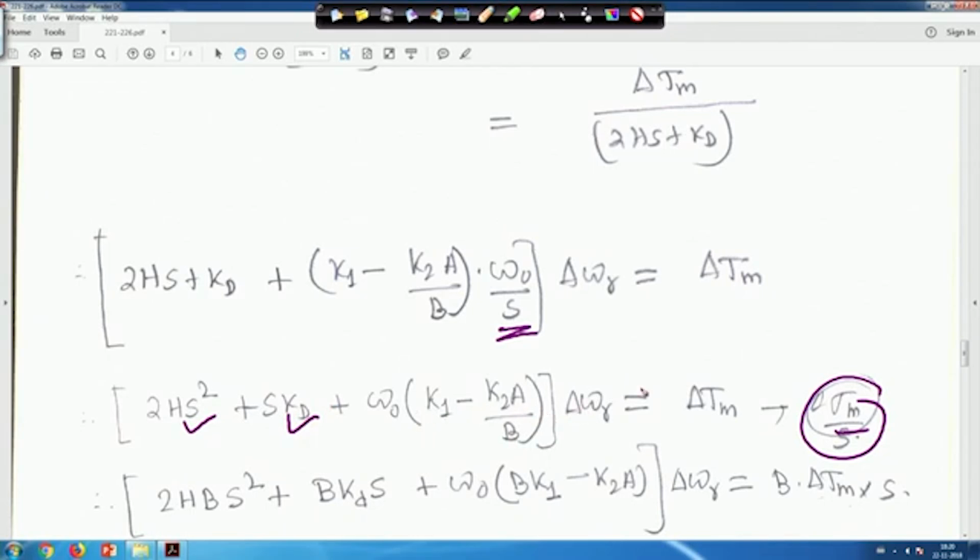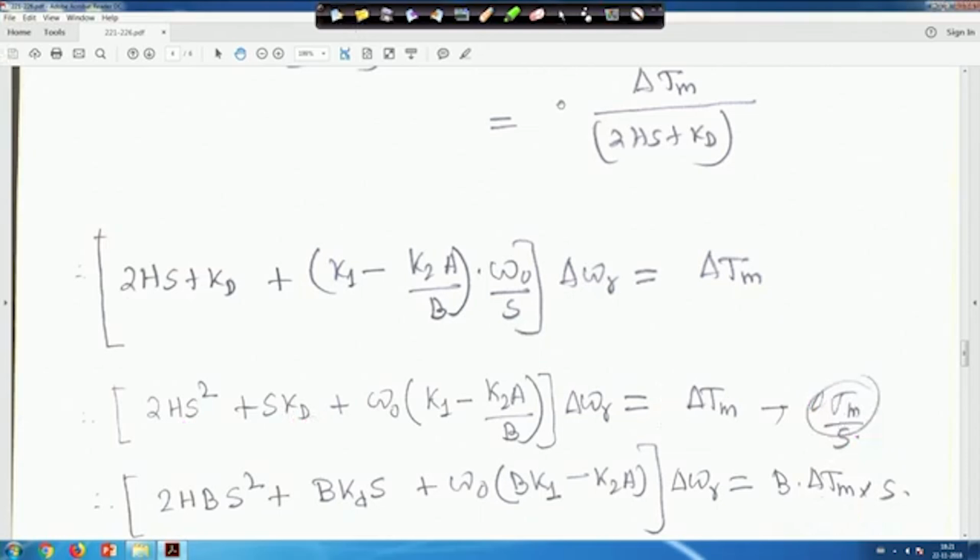So, both sides if you mark this, then this will be s into delta Tm, this we will see later. Now, both sides you multiply by b. If you do so, it will be (2Hbs square plus bKd s plus omega 0 (bK1 minus K2 a)) delta omega r is equal to b into delta Tm into s.